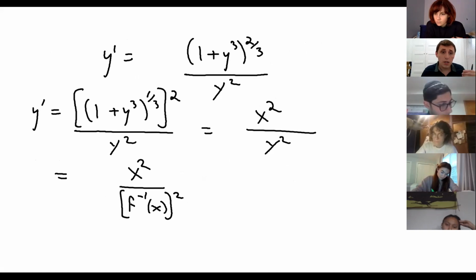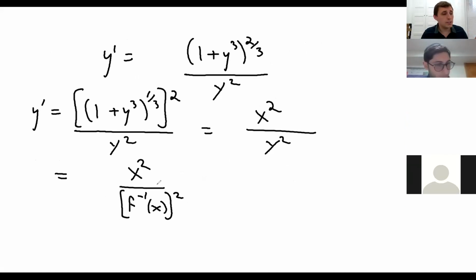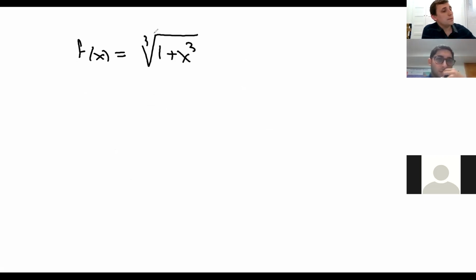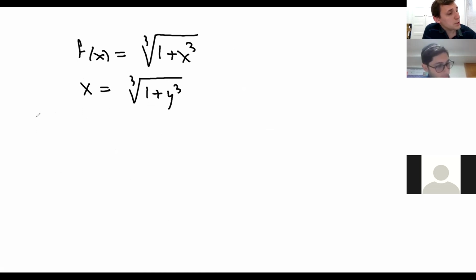So basically the derivative of this function is x squared divided by the inverse raised to the second power. I can simplify that because in this case it's not very difficult to find the inverse function. If f of x is equal to the cube root of 1 plus x cubed, and the inverse is equal to y, that means that x is equal to the cube root of 1 plus y cubed, which means that the cube root of x cubed minus 1 is y.